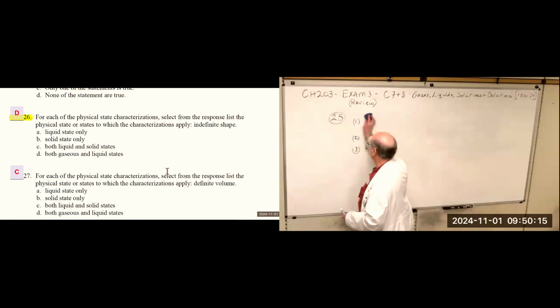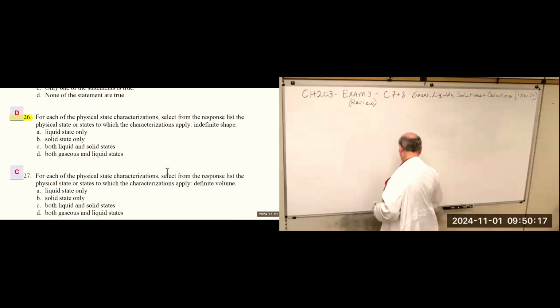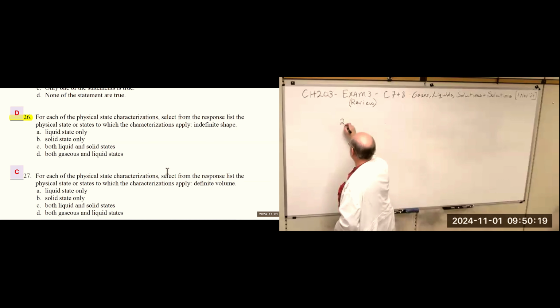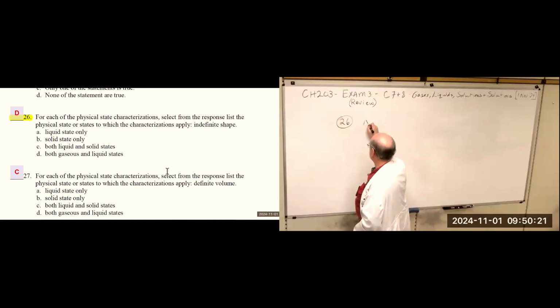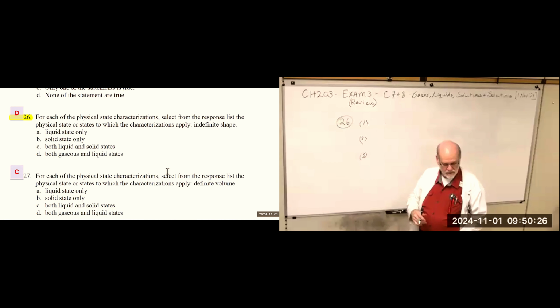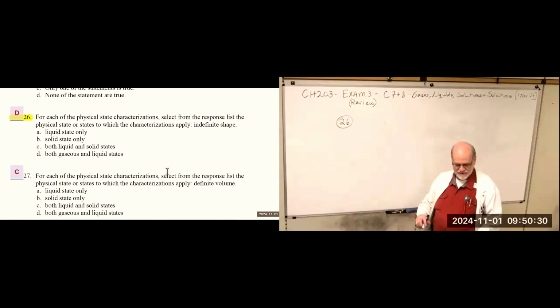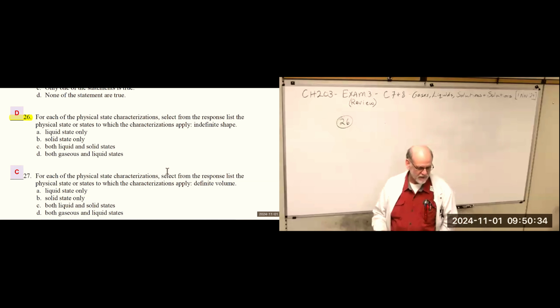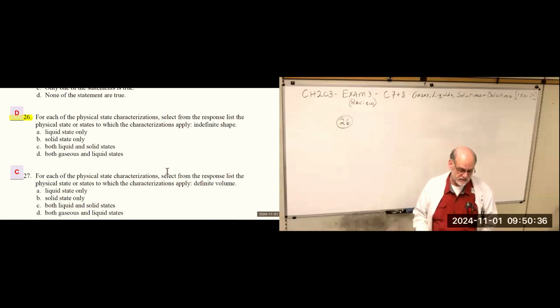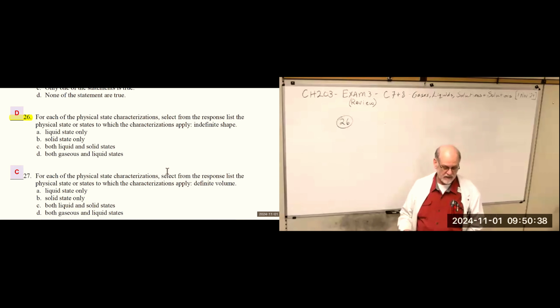26. One, 2, and 3. Oh, no. All right, we're back to the real world, normal questions. For each of the physical state characterizations, select from the response list the physical state or states to which characterizations apply. Okay, indefinite shape.